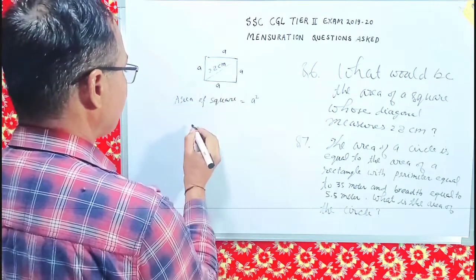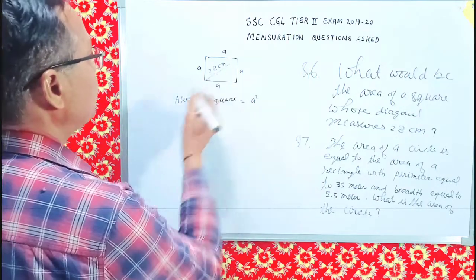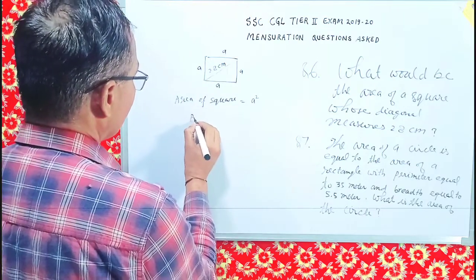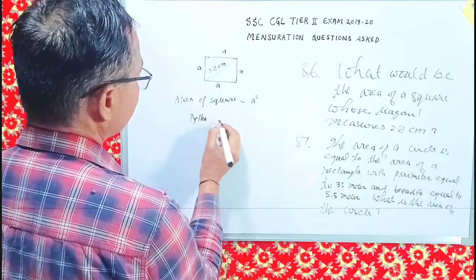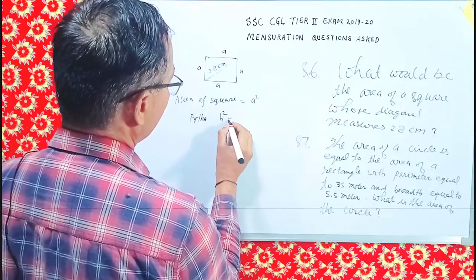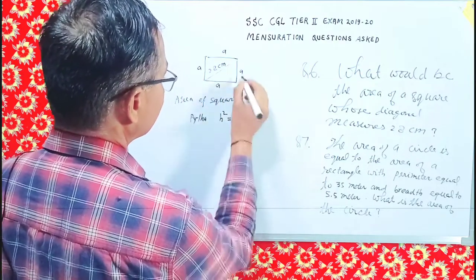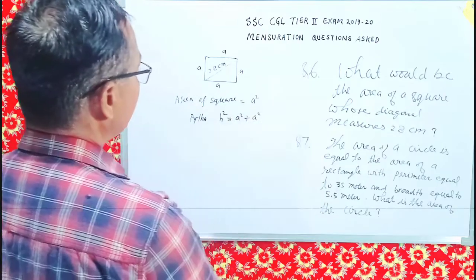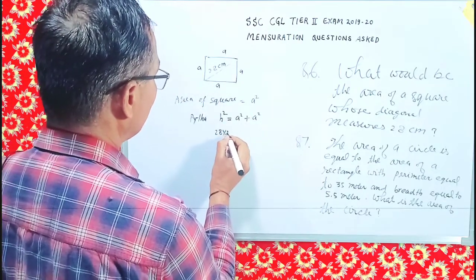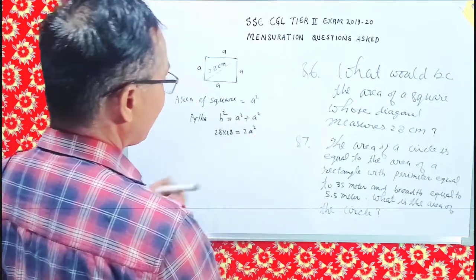So the hypotenuse, which is already given as the diagonal, is 28 centimeter. So as per the Pythagoras theorem, hypotenuse square is equal to this side square plus this side square. So this is already given as 28 into 28, and here it will become 2a square.